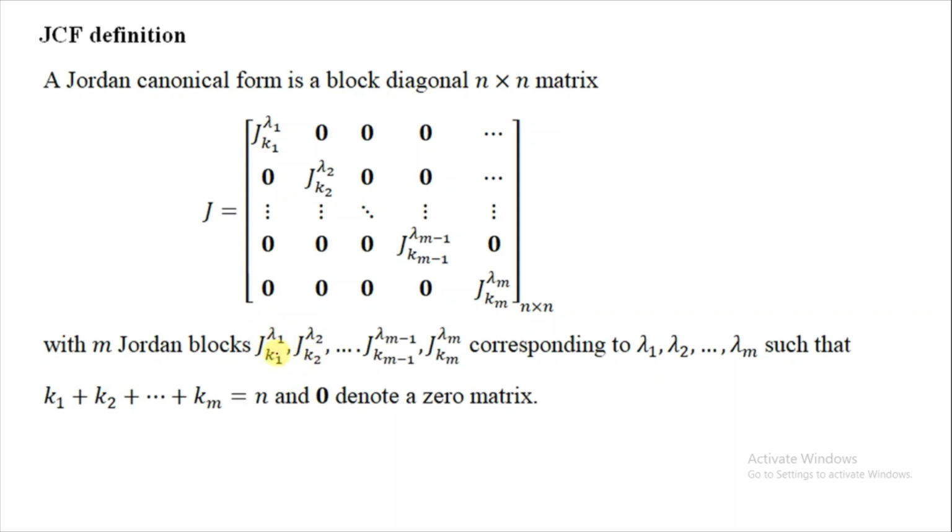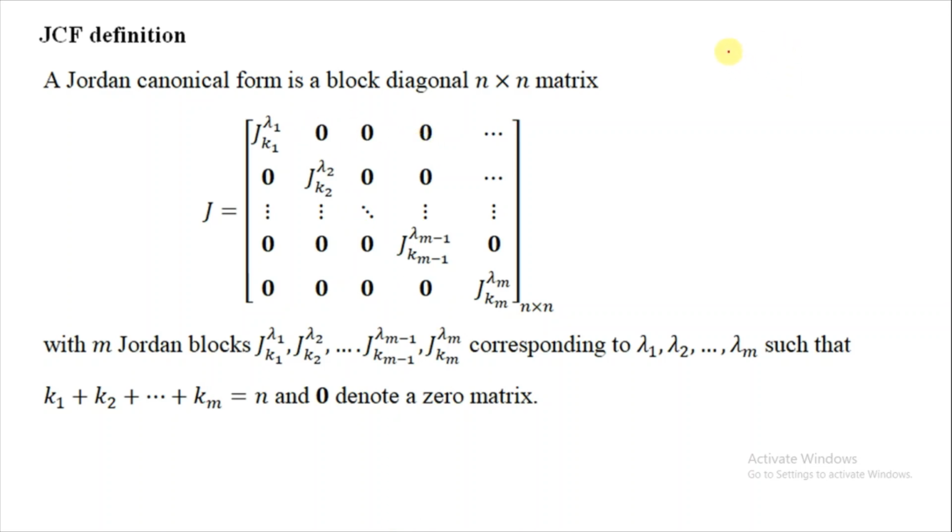That means lambda 1 is an eigenvalue with a k1 by k1 Jordan block, and there is a k2 by k2 Jordan block with eigenvalue lambda 2. So each one is a Jordan block. The zeros denote zero matrices.